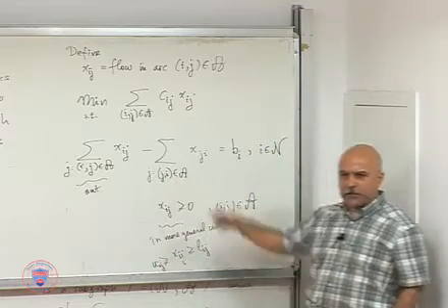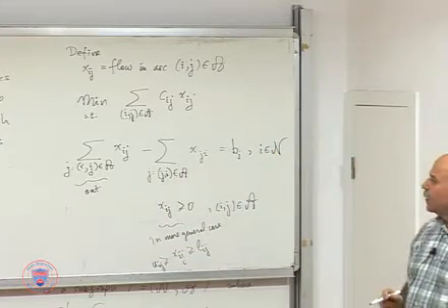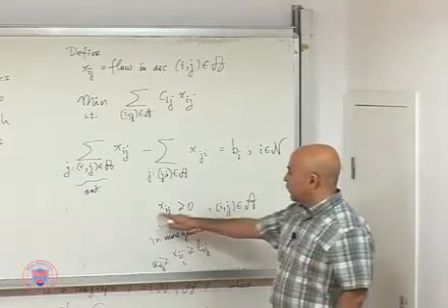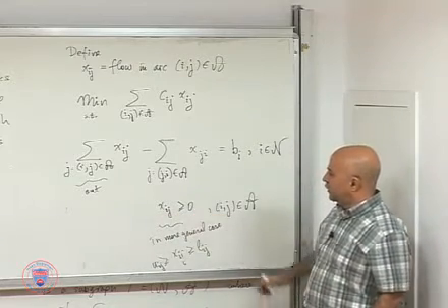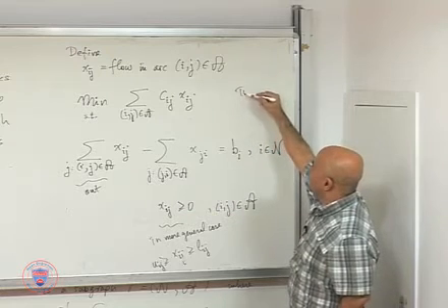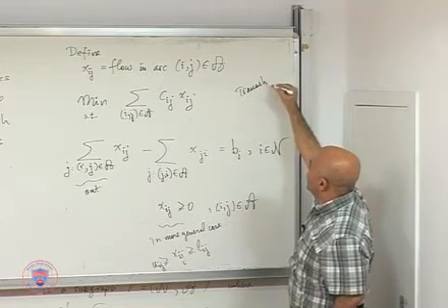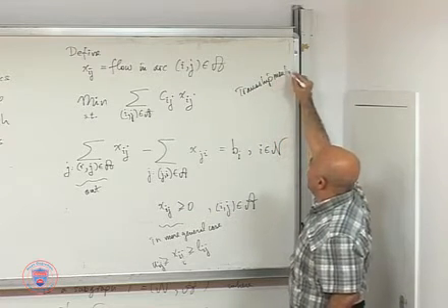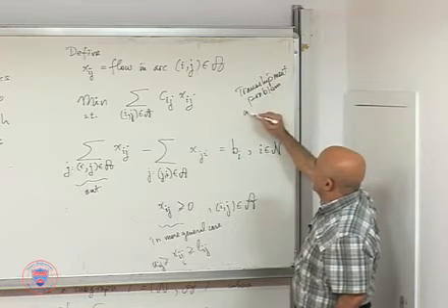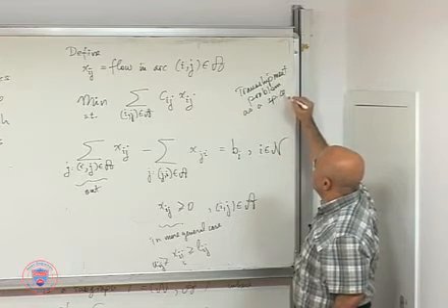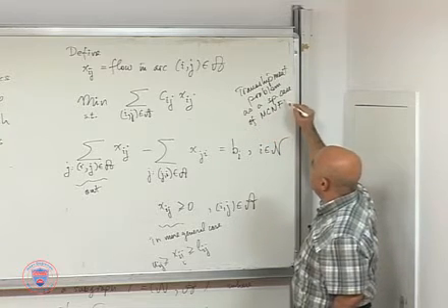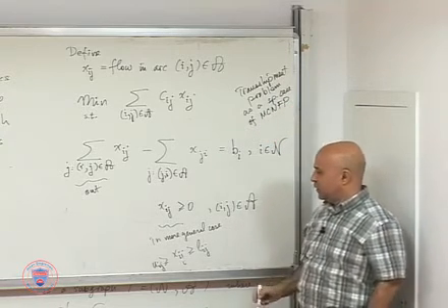But for now, let's just deal with this situation. This is the minimum cost network flow problem with this non-negativity, and it's called the transshipment problem, as a special case of the minimum cost network flow problem.